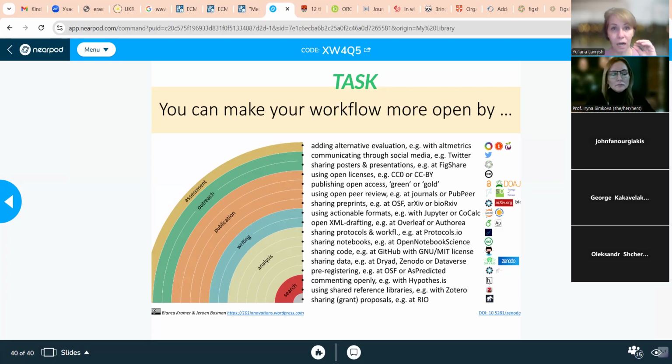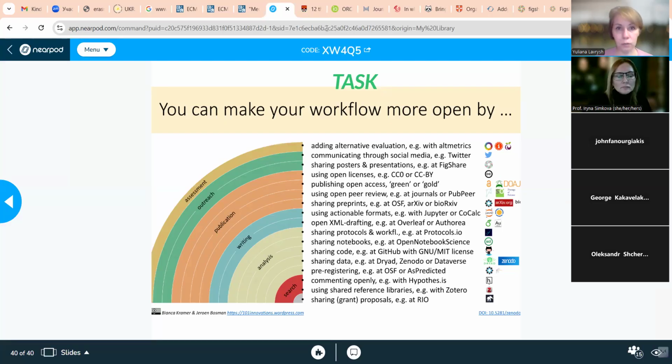It shouldn't be like here, maybe 12, maybe 15 points. You just share 7 points on how you can make your workflow open with your research, your paper or your study. And you will upload this file to Moodle. Okay.